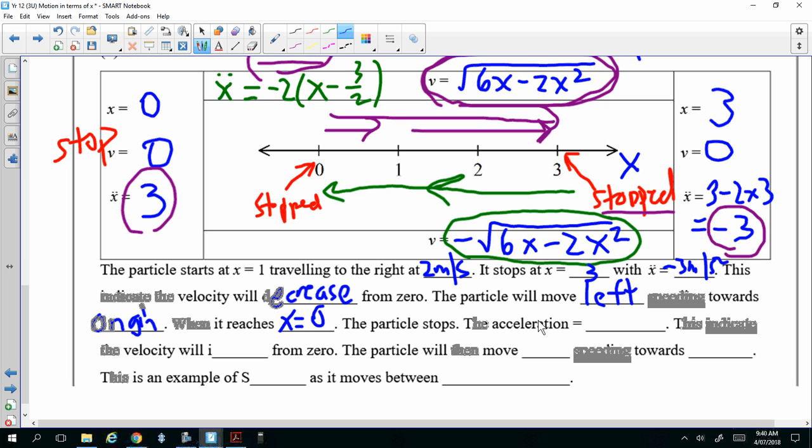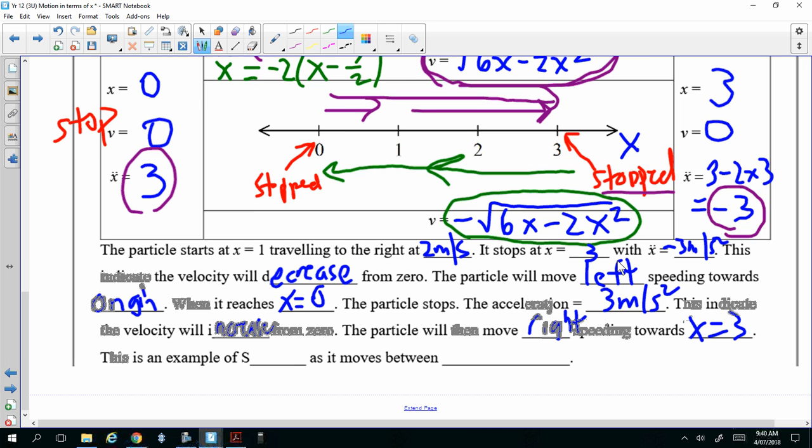And if it increases from 0, the particle will now move right, speeding towards x equal to 3 again. So it goes backwards and forwards. When it reaches 3, velocity will stop, acceleration will be negative, it starts to move left. So go right, left, right, left. This is an example of simple harmonic motion as it moves between two fixed points periodically.